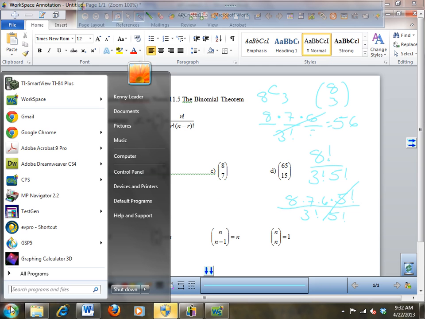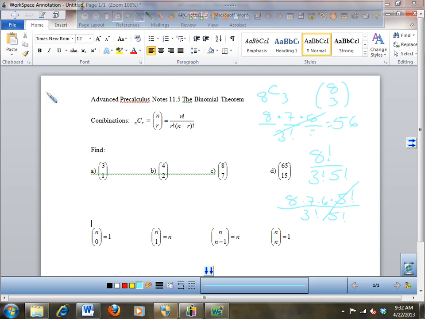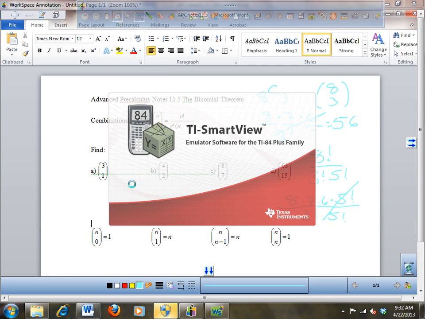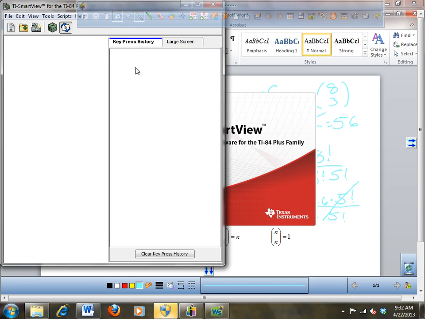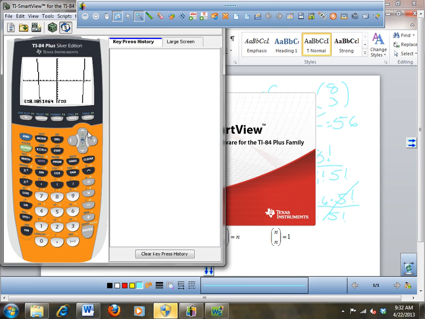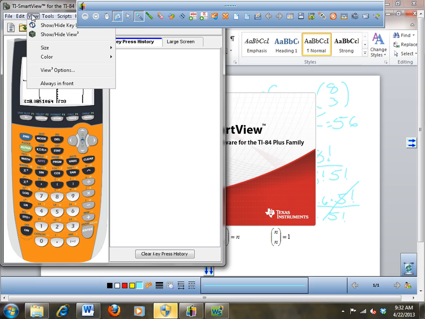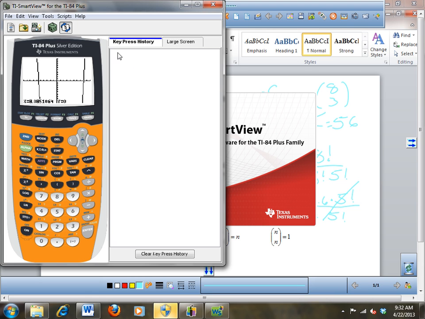Combinations can be done with your calculator. When you're going fast, I'll let you do this, but if I say show how to compute 8 combination 3 on your calculator, then you will have to do that.